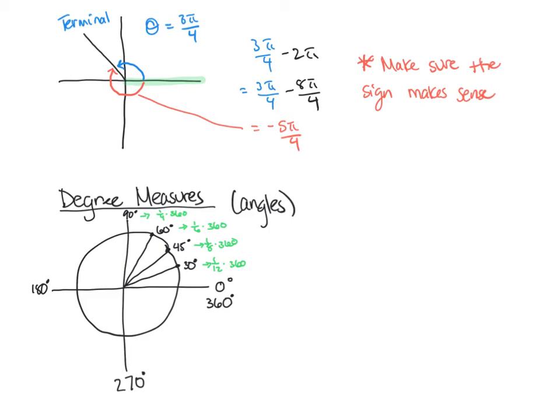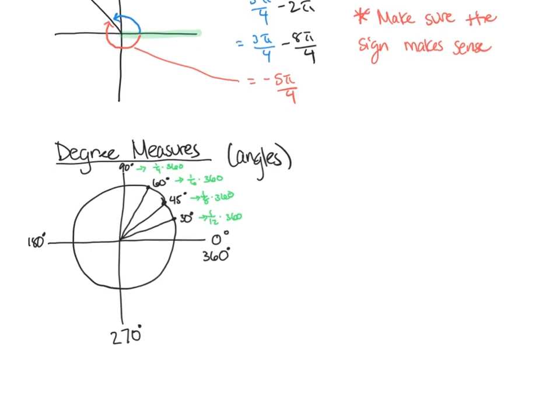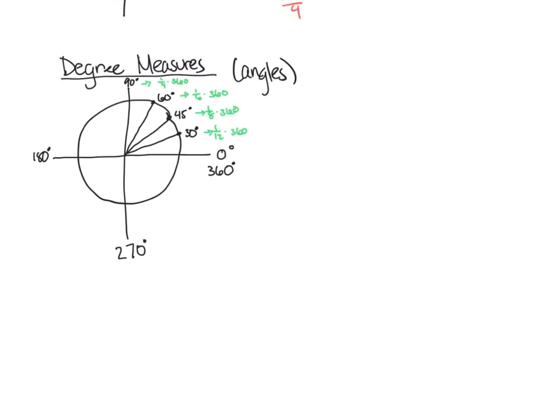So degrees was pretty quick, but let's talk about going back and forth between radians and degrees, because like I said, we're more comfortable with degrees. If you want to take the time converting radians to degrees or degrees to radians, you can do that. So first we need to set up what they are the same as. 360 degrees is equal to some amount of radians. We have to figure out how many.